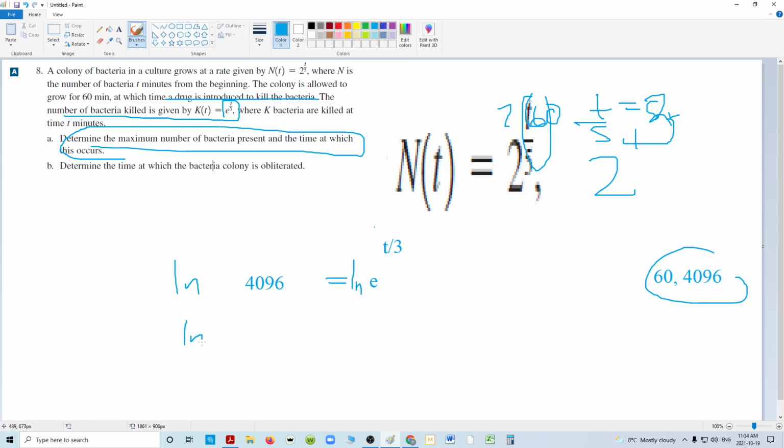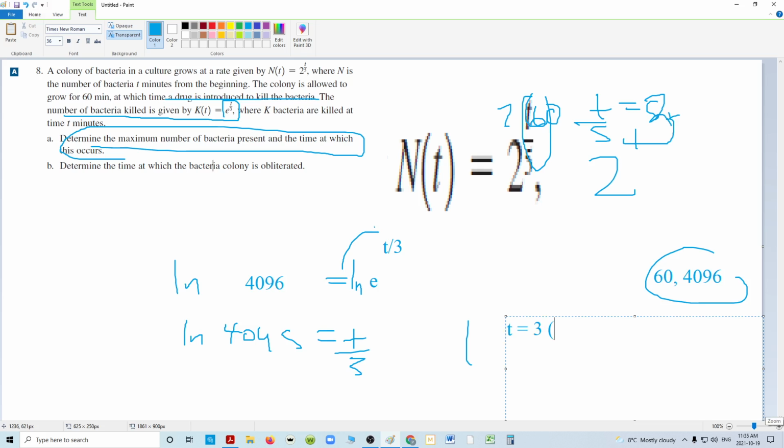So you get a ln of 4096. And using our exponents, we can bring the t over 3 down. That's our rule of logs, rule of lns. Ln of e is 1. When I get t all alone, I get t is equal to 3 times the ln of 4096.